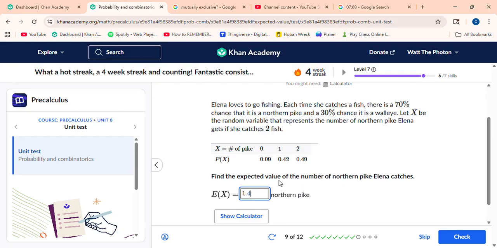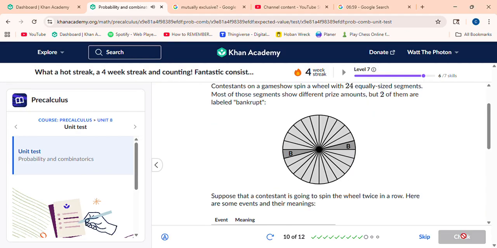The expected value is 1.4. And that makes sense. I have to say that makes sense, but the rest of it doesn't sound correct.